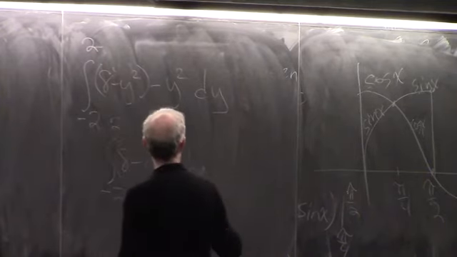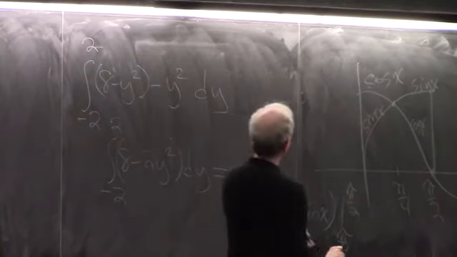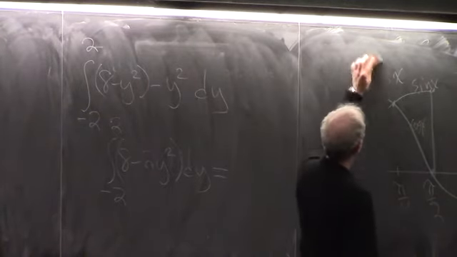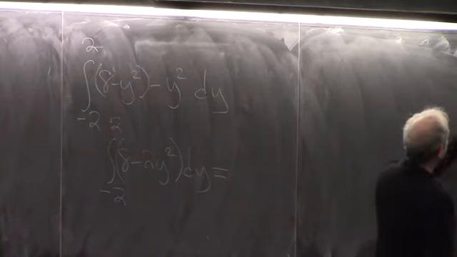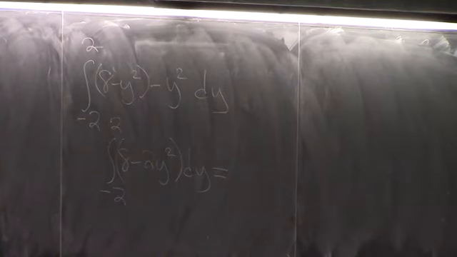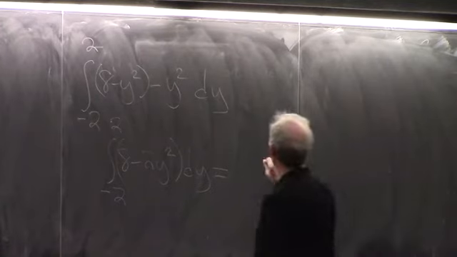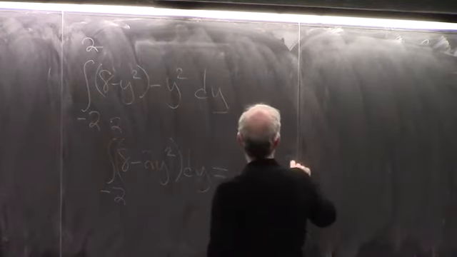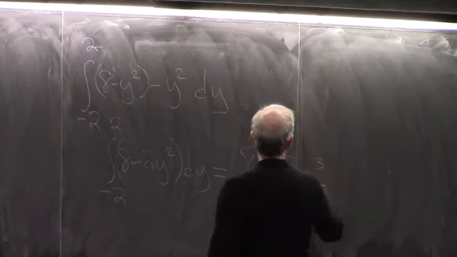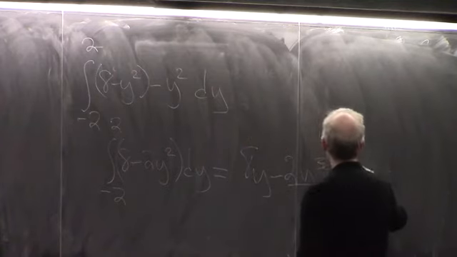dy, which is (8y minus 2y cubed over 3) from minus 2 to 2.